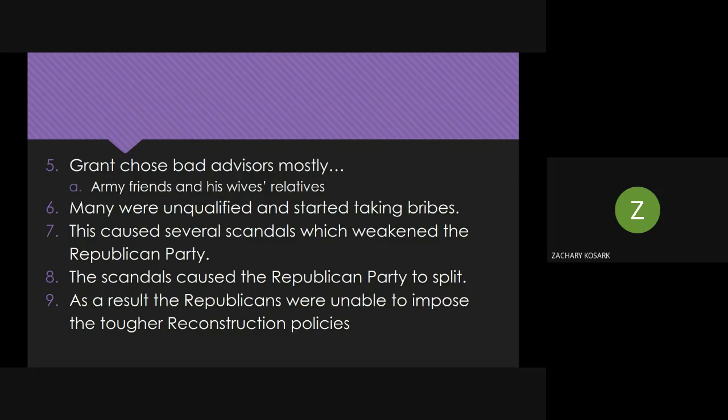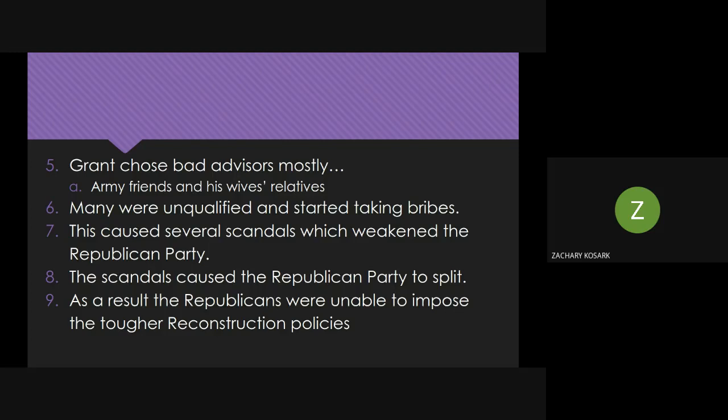So at this point, the Republican Party has been very successful through the Civil War, after the Civil War. Now what we see is the Republican Party is divided on whether or not to support Grant in these scandals and these public issues that he's having, and the Republican Party splits.